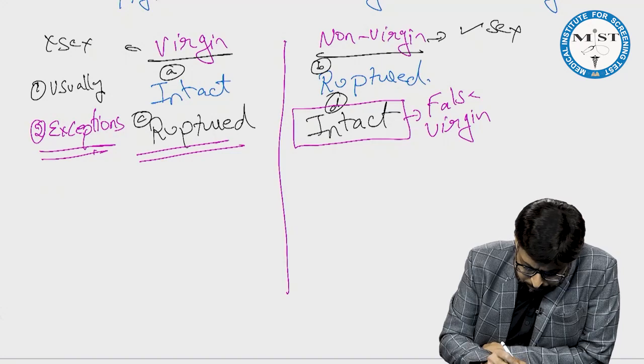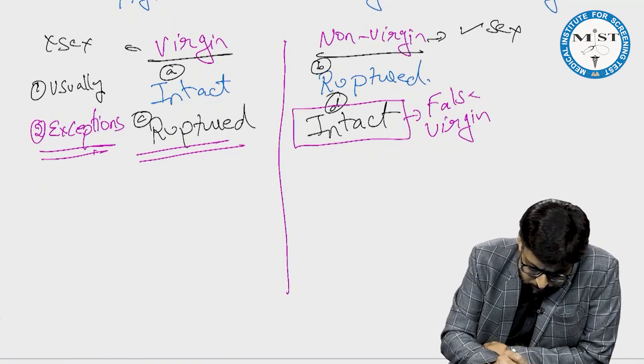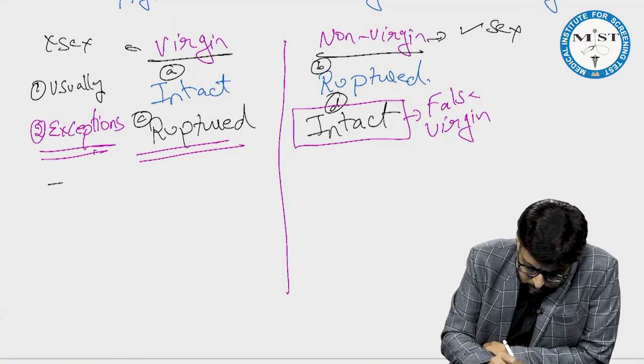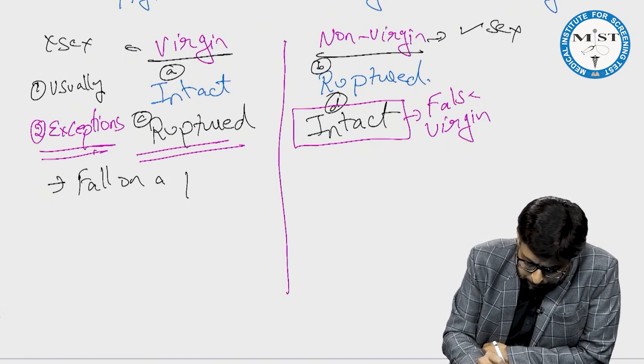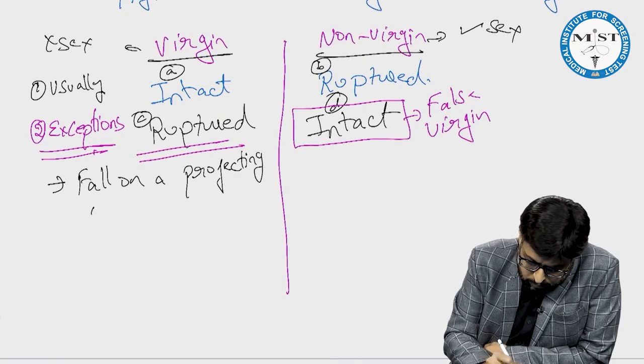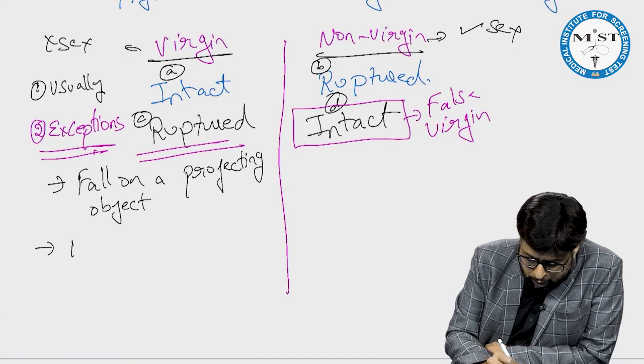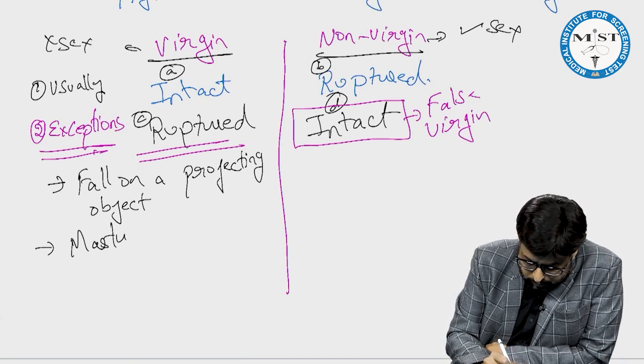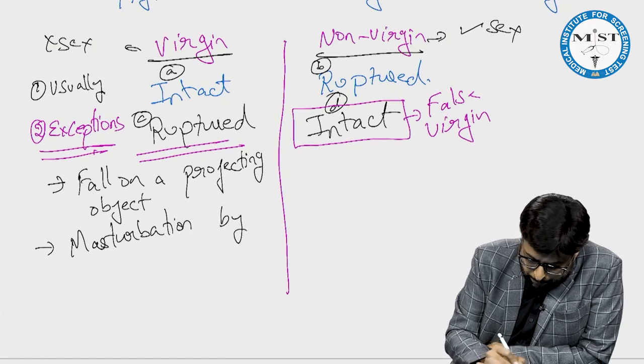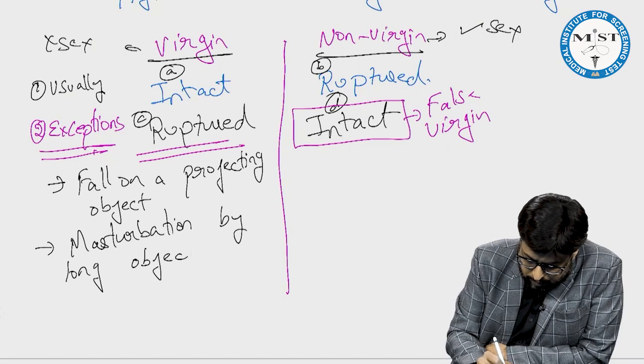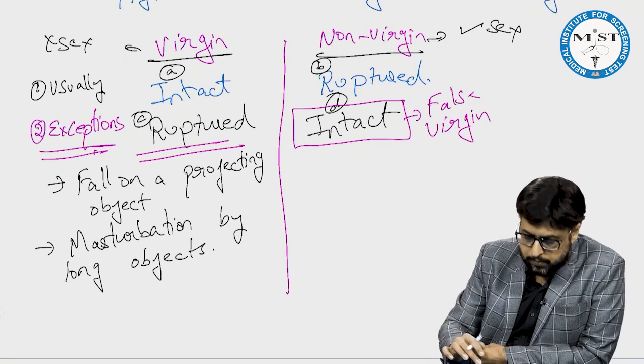For example, number 1, fall on a projecting object. Number 2, masturbation by long objects.